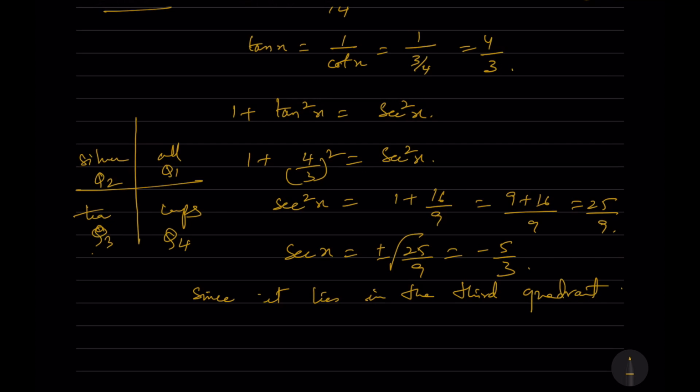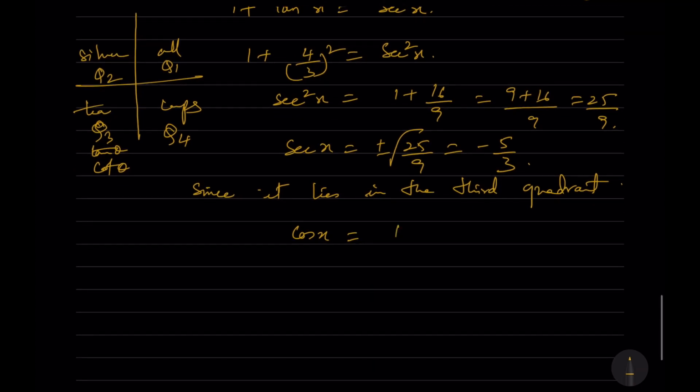In Q3 you have tan and cot as positive, so that only we have written. So since it lies in third quadrant, secant x is negative. So therefore now you have cos x, you can find out from this. It's equal to 1 by secant x, which is equal to 1 by minus 5 by 3, which is equal to minus 3 by 5. So this is what we are getting, minus 3 by 5.